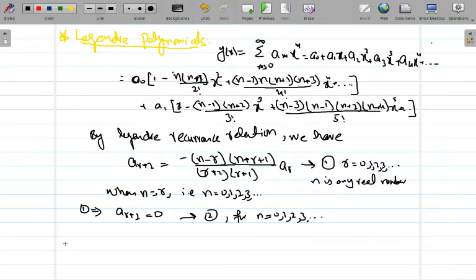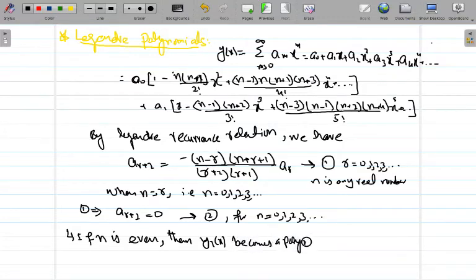So now we will check for n odd or even. If n is even, then y1 of x becomes a polynomial of even degree n.